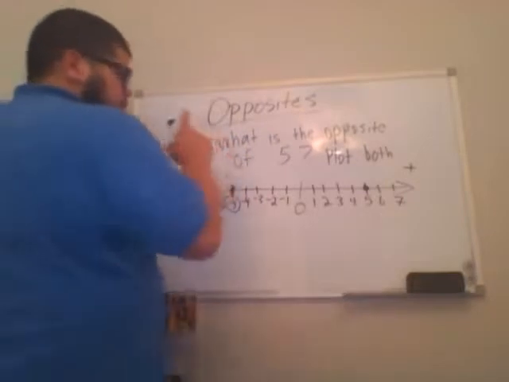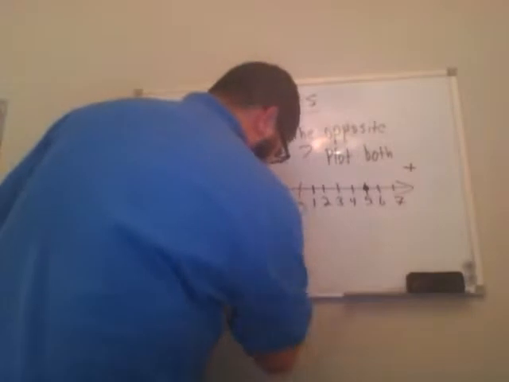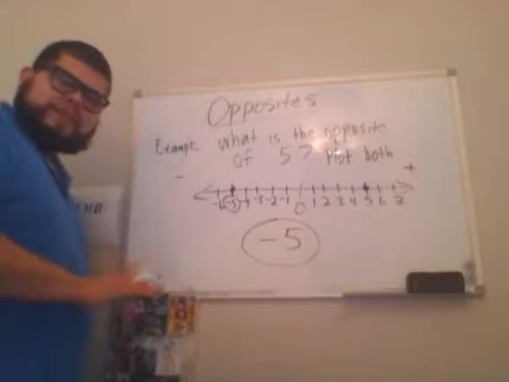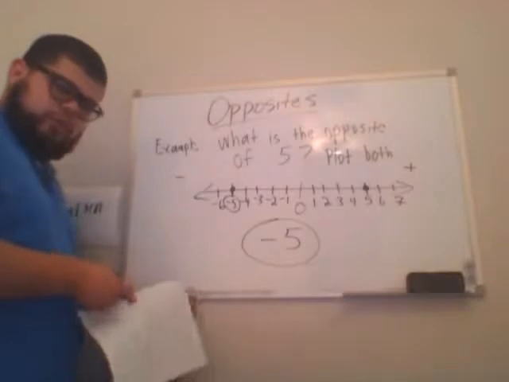So again, the question was, what is the opposite of 5? The answer is -5. Okay? All right, so again, that's not too difficult, right? We go from the easier ones to the more difficult ones.